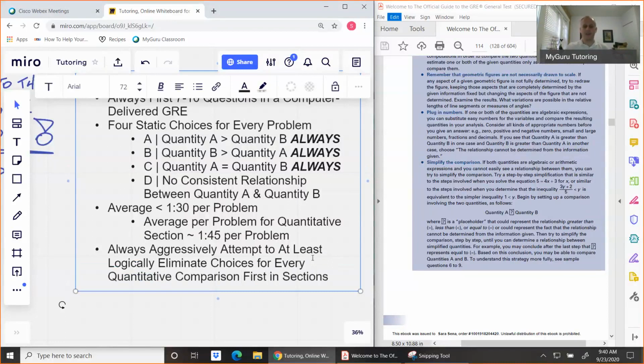You really want to avoid skipping over these, because they are just much easier problems in most cases compared to some of the harder problem solving questions. And you usually are going to be able to not only have a 1 out of 4 guessing opportunity, but frequently 1 out of 2, 1 out of 3. We'll talk about why that is in a moment.